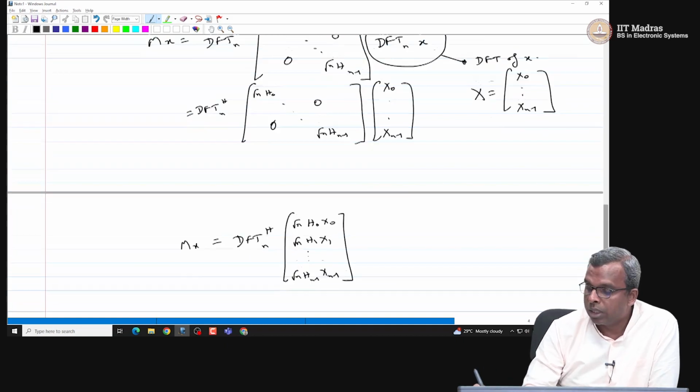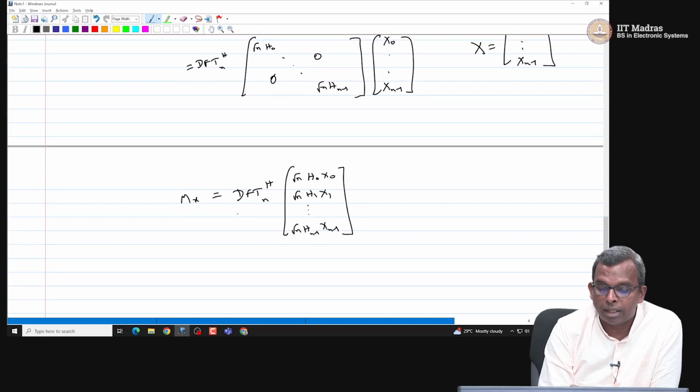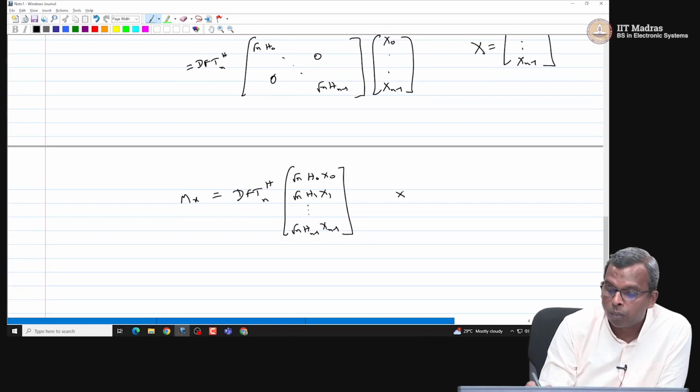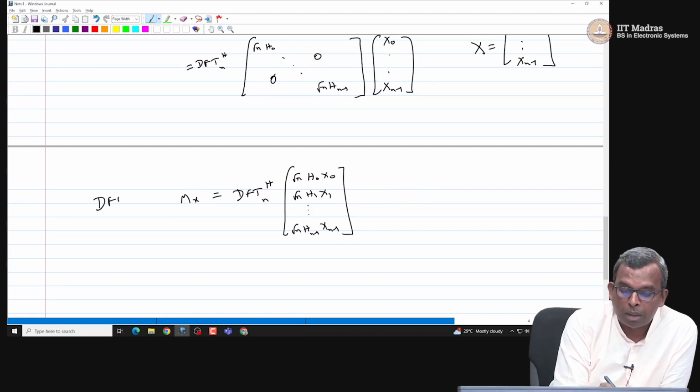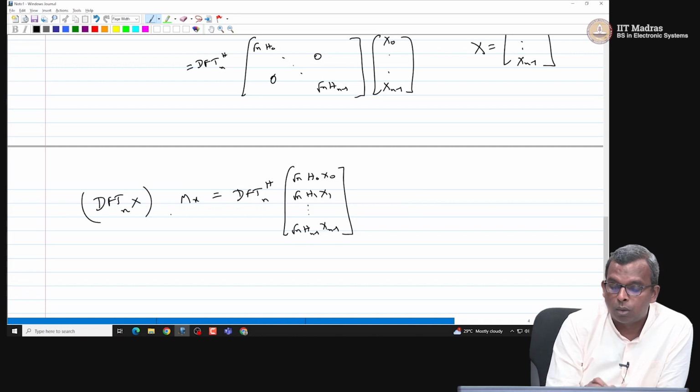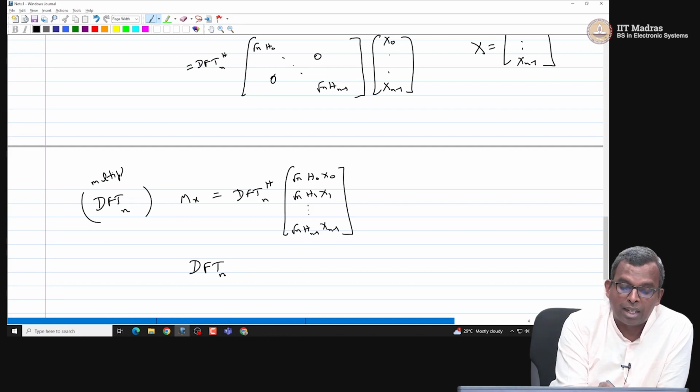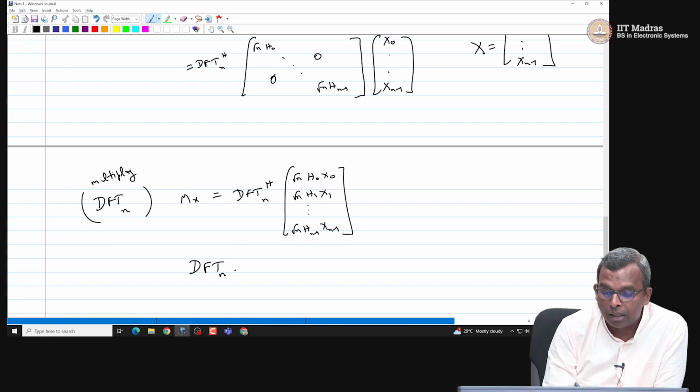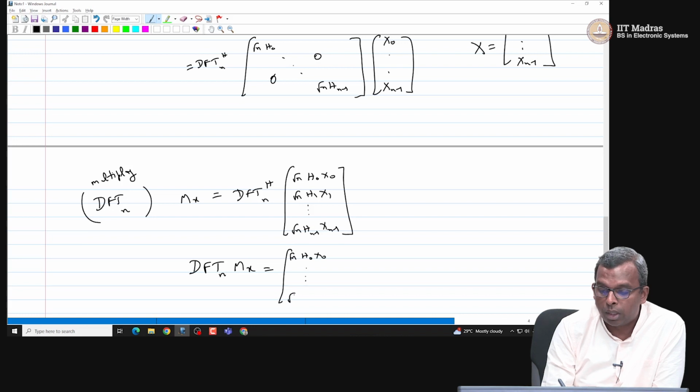Now this equation is very interesting, but what I can do here is multiply by DFT n on both sides, on the left. What will happen if DFT n multiplies DFT n Hermitian? It will just go away. So you will just get root n h0 X0 all the way till root n h n minus 1 X n minus 1.